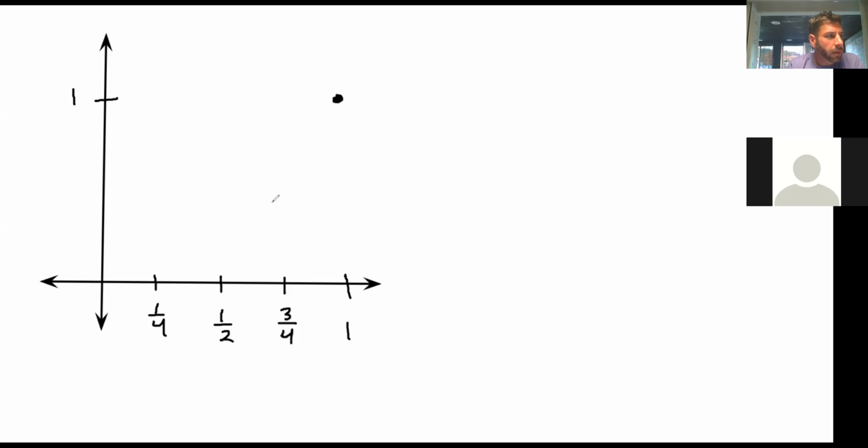So I'm going to think about how I might do this. What does the graph of this creature look like? Well, it's going to go through these 3 points.